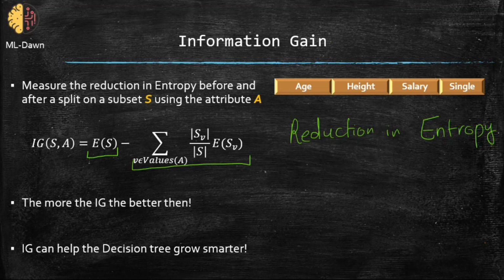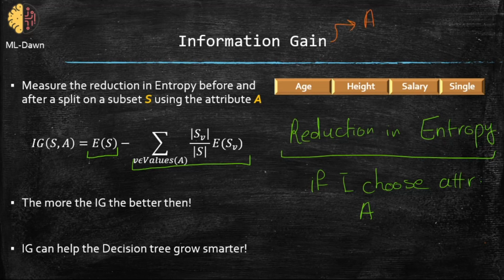So before the split minus after the split, whatever I get is the reduction in the entropy if I choose attribute A. That is why when we define entropy, we always use an attribute and a set. That is why we have both of those variables in our mathematical formula.